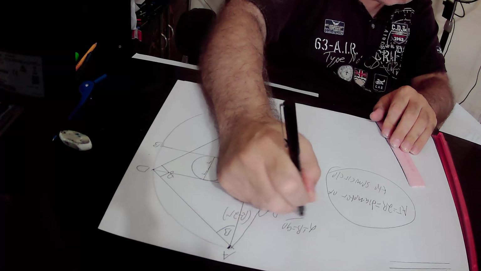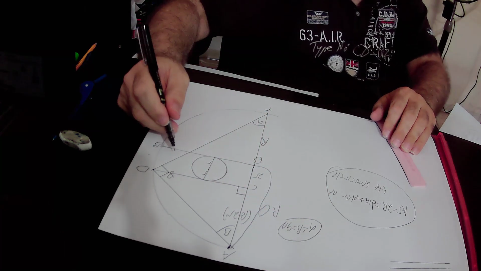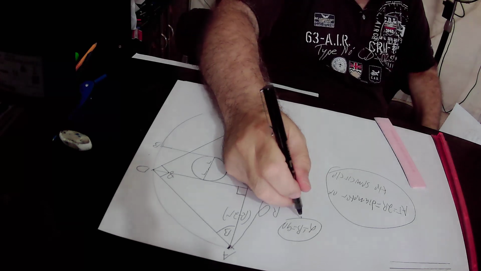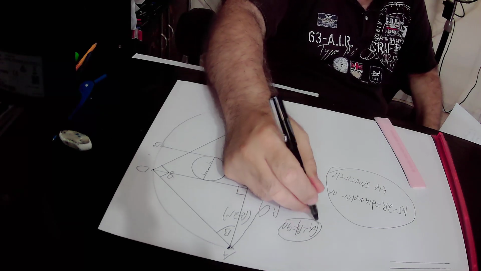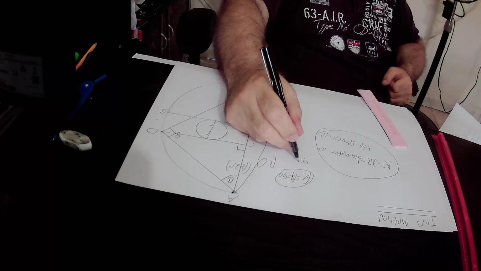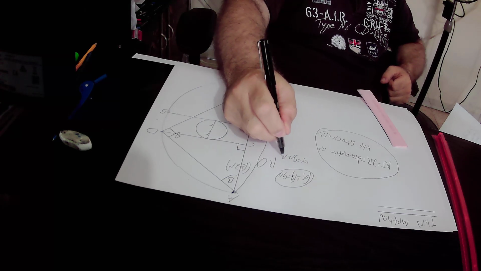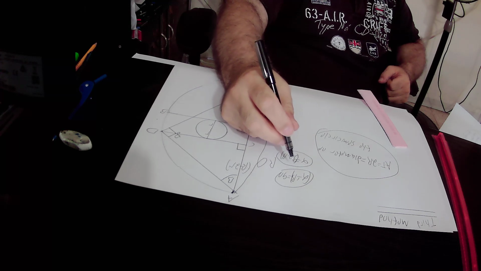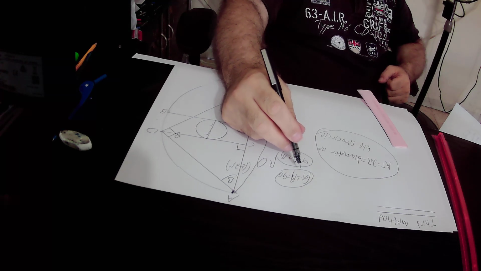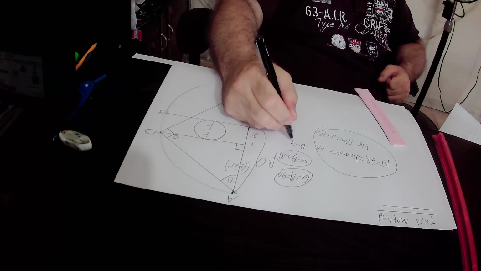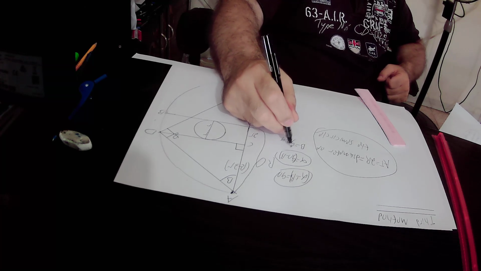Why? Because 90 degrees plus 90 degrees is 180 degrees, that is the sum of the angles in any triangle. Alpha plus beta equals 90 degrees. Here we subtract beta from this equation and we get that alpha equals 90 degrees minus beta. Then we subtract alpha from this equation and we get that beta equals 90 degrees minus alpha.